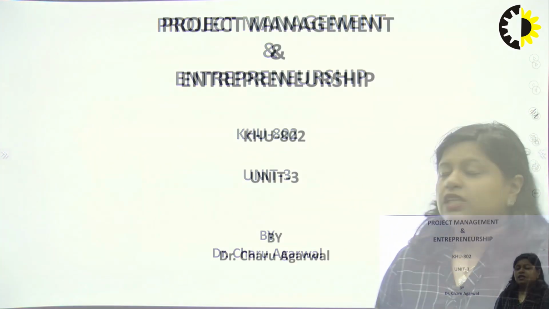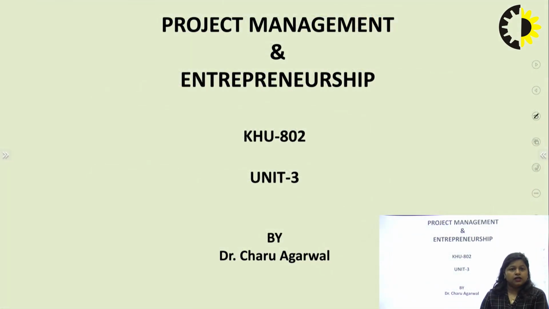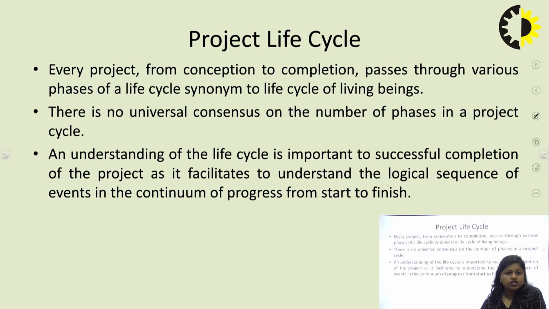You can see that in project management, the term project is involved, and each and every project, whether it is a normal human life project or any other project, needs to undergo a number of phases. That is known as the project life cycle.